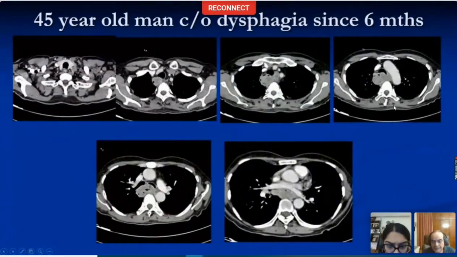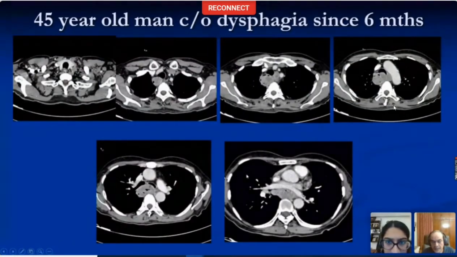Okay. And it is also causing anterior shift of the carina. And there are multiple necrotic nodes as well in the posterior mediastinum, and sir, in the AP window.